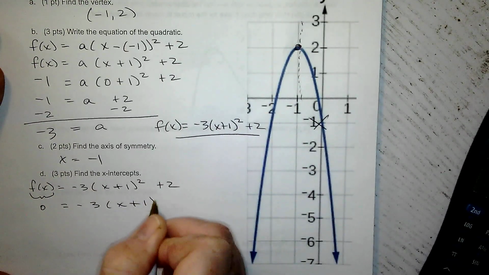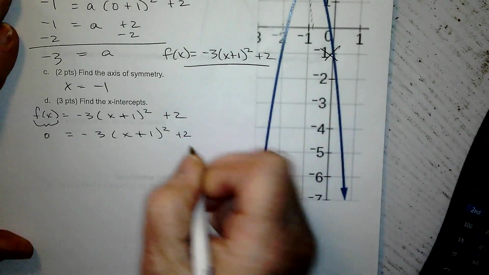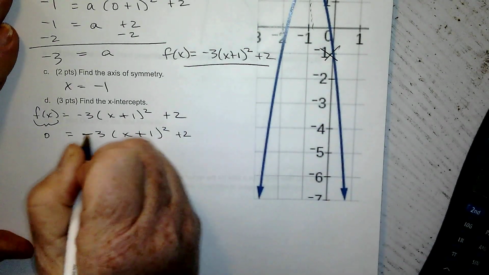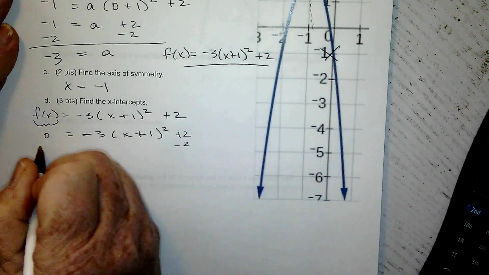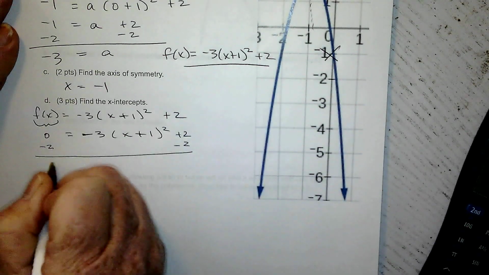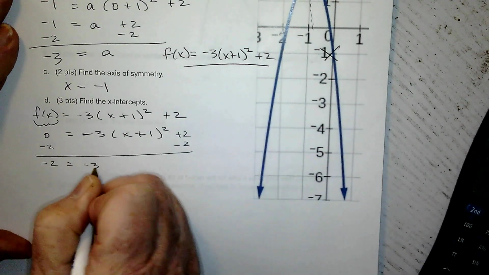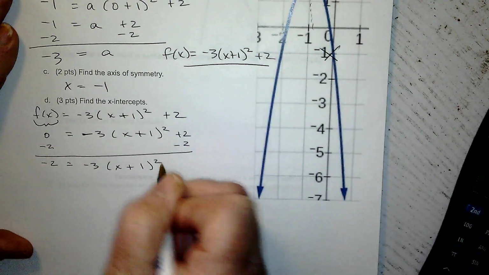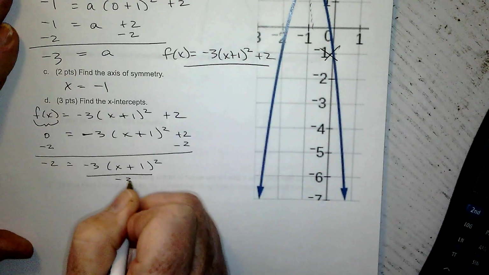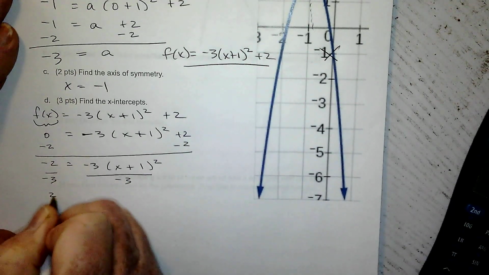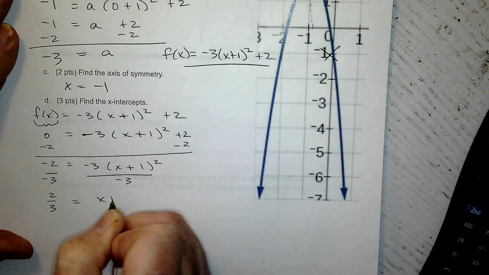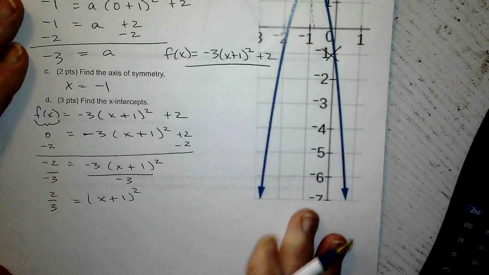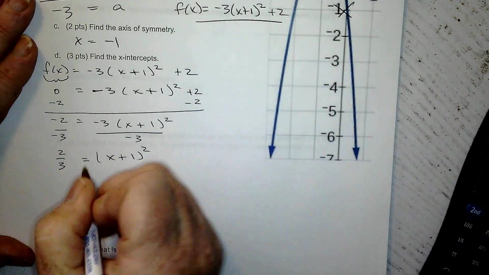There was some crazy stuff that happened with this. Let's subtract 2 from both sides. Divide both sides by negative 3. All right, now we can take the square root of both sides.